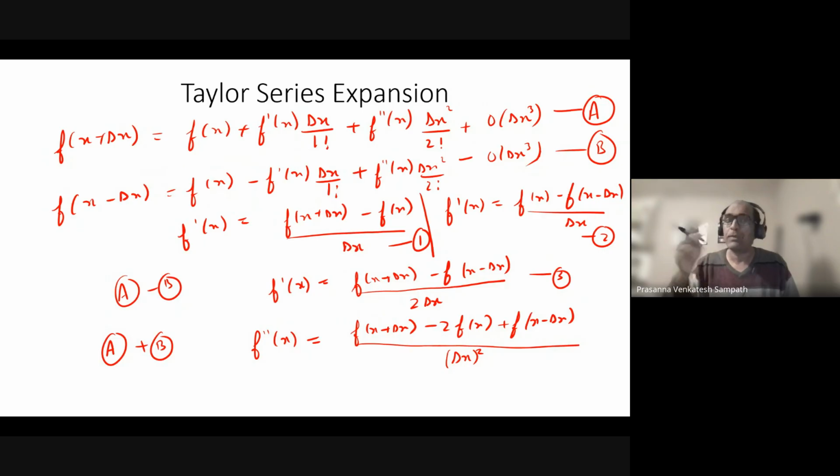So f of t plus delta t equal to f of t plus f prime t into delta t by 1 factorial, and so on. So you remove x and put any other variable there. This is a generic expression. You can take this and fit it to any variable. It need not be x, it can be time also.